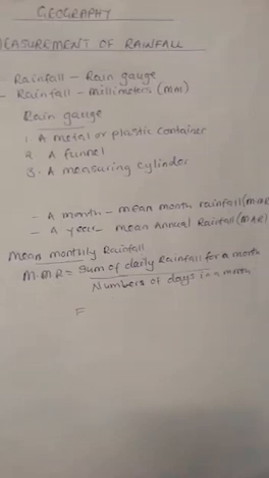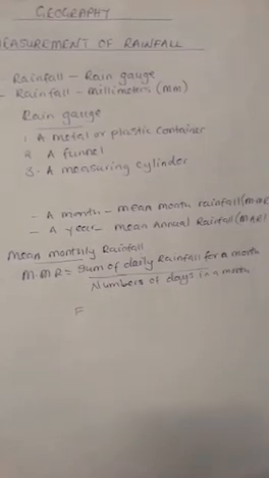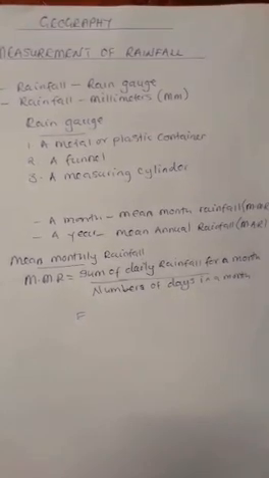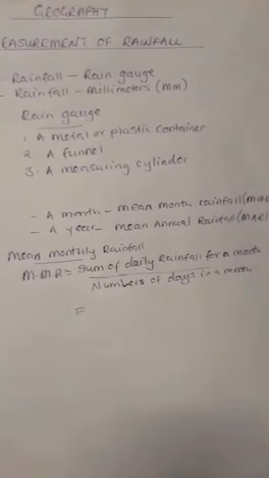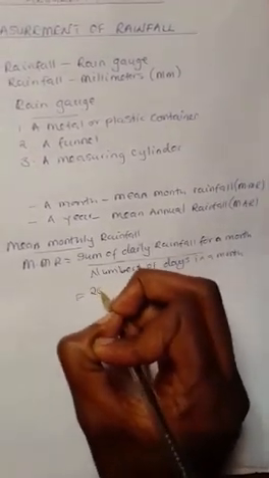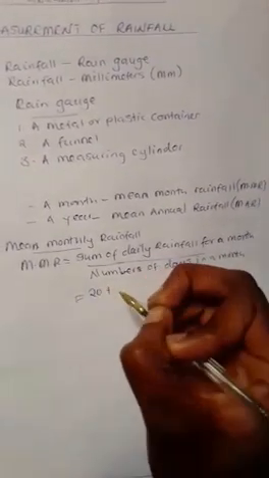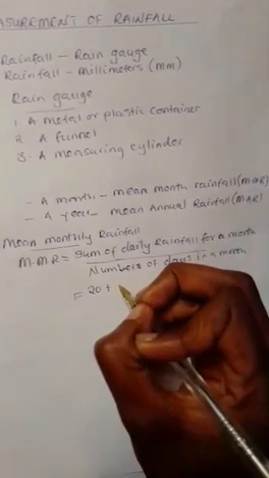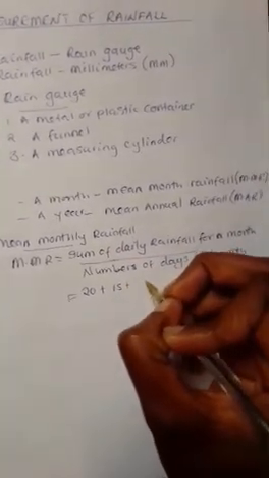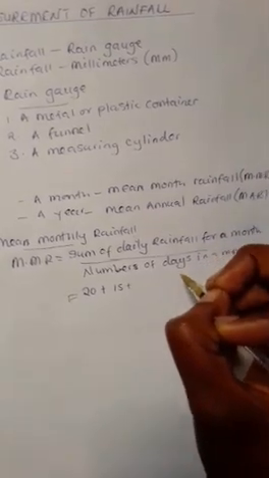If you want to find the mean monthly rainfall of November, add the amount of rainfall that was received in each day of that month. For example, maybe on 1 November there was 20 millimeters, plus on 2 November maybe there was 15. Just like that, you add all the rainfall that was received in each day of that month.